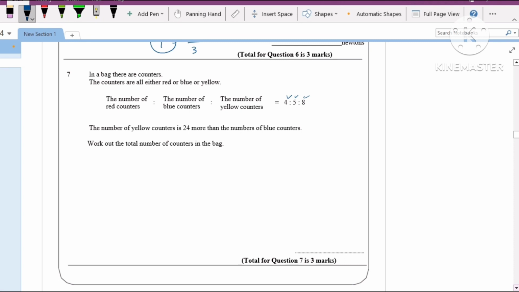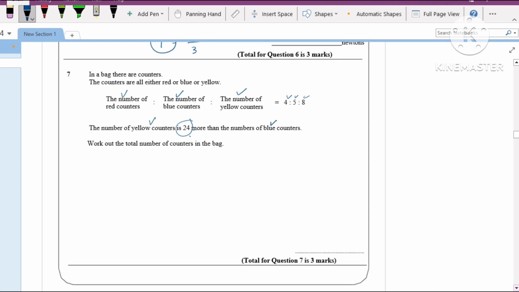So look, this amount 24 is not for the red counters, it is not for the blue counters, it is not for the yellow counters, and it is not the total number of counters. So basically this is the comparison between yellow counters and blue counters.